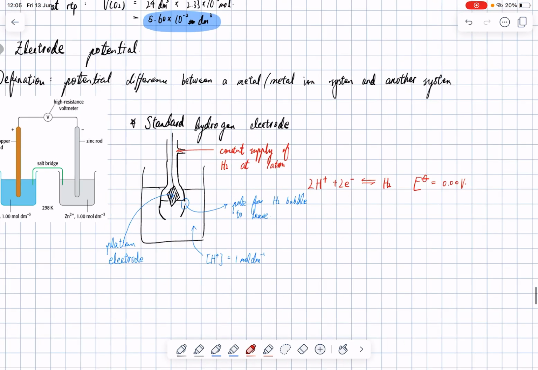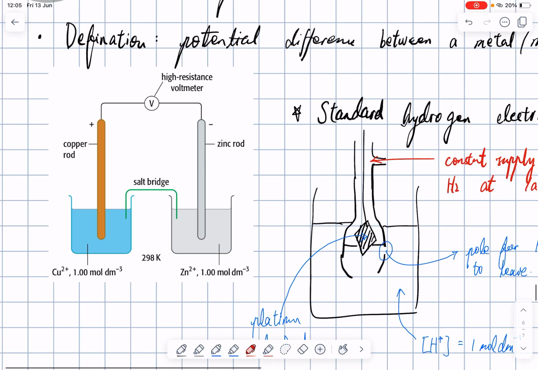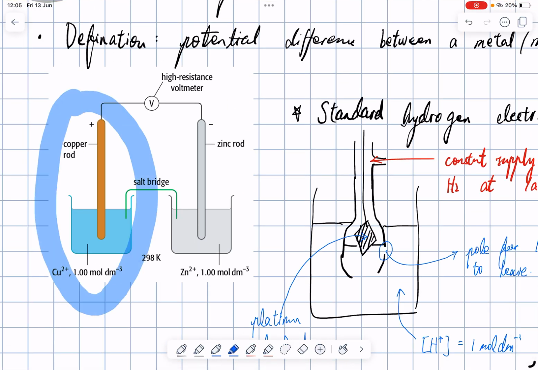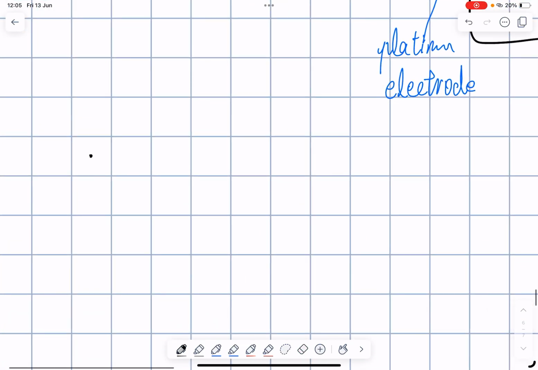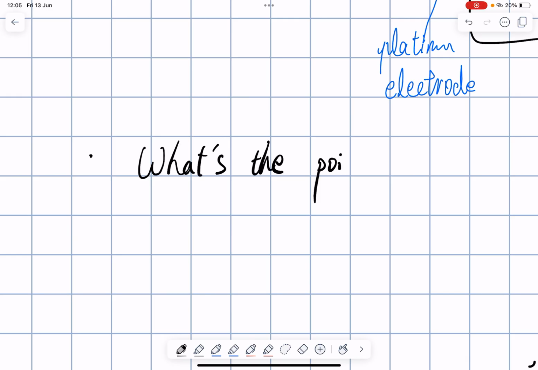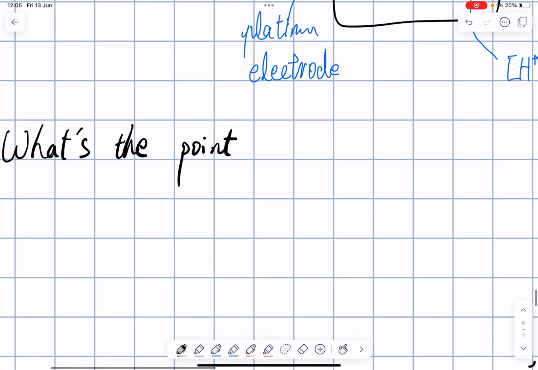So if we connect the copper 2+ system with our standard hydrogen electrode, we'll get the standard electrode potential for the copper 2+ system. Now we'll see what's the point of electrode potential?